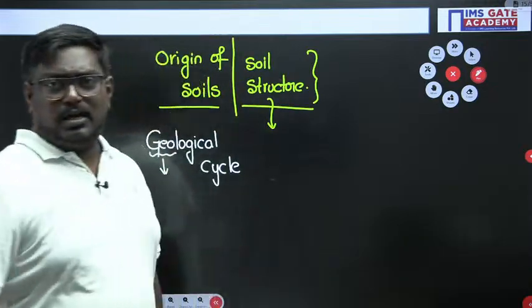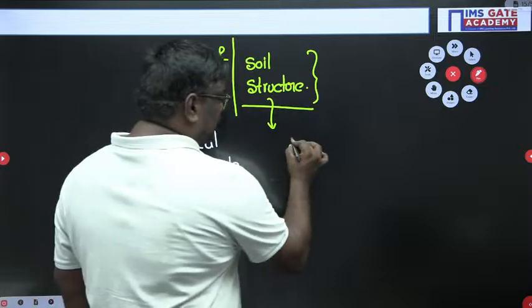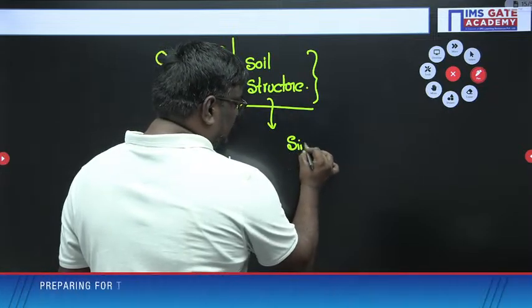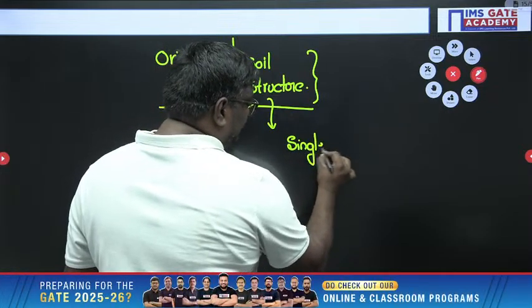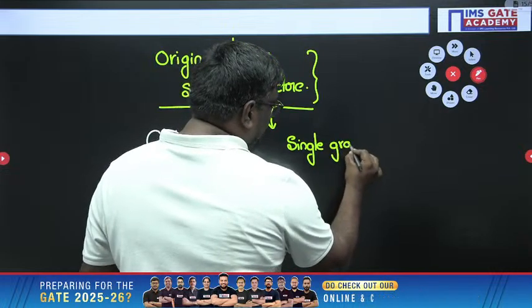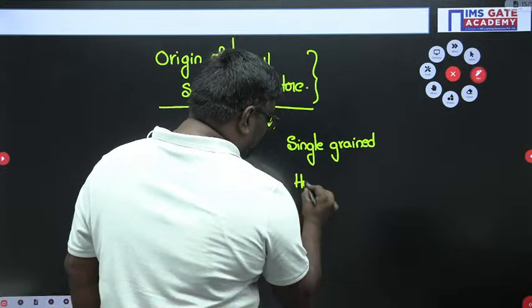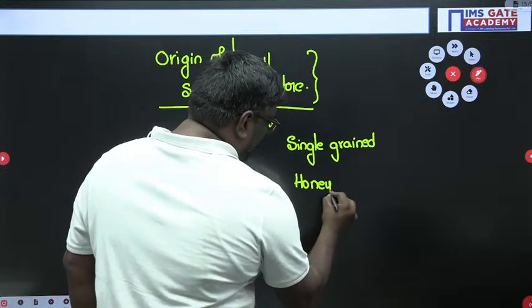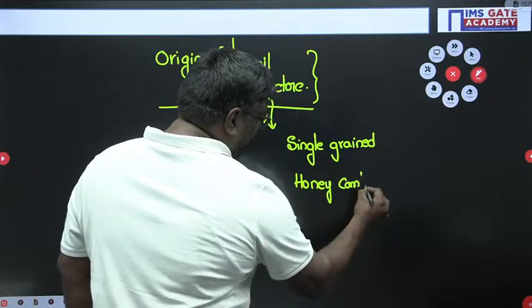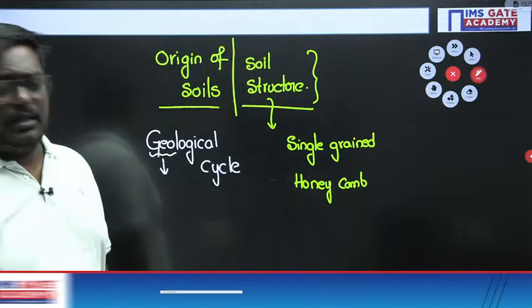Now in soil structure also we have different structures. The first one is the single grain structure. Next we have the honeycomb structure. I hope you are following, students. Please comment in the comment box.